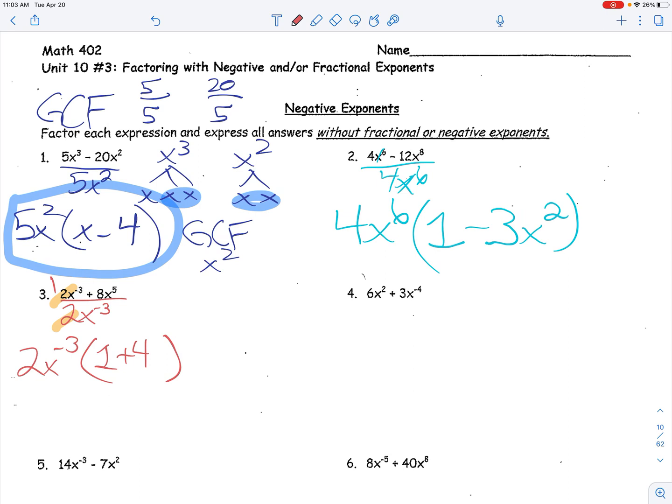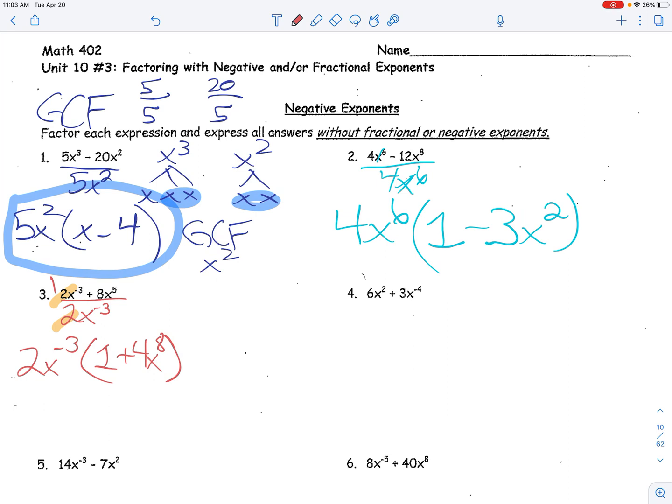Subtract the exponents, you can use that route. It is x to the 5 minus negative 3. 5 minus negative 3 is 5 plus 3, so it's x to the 8th.